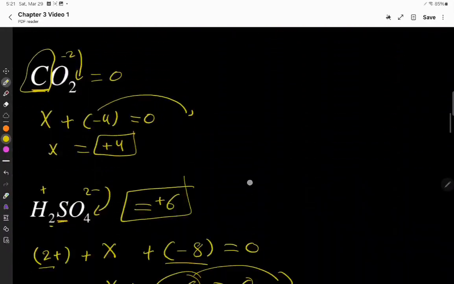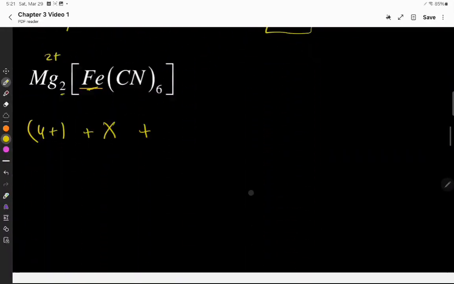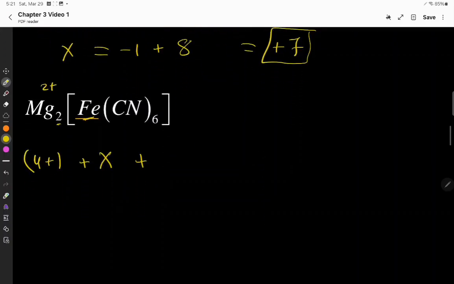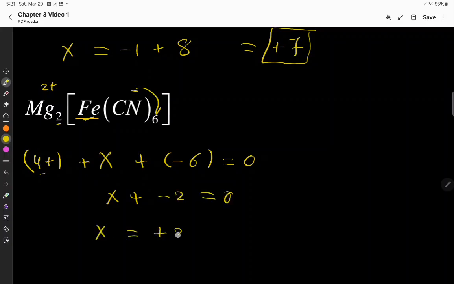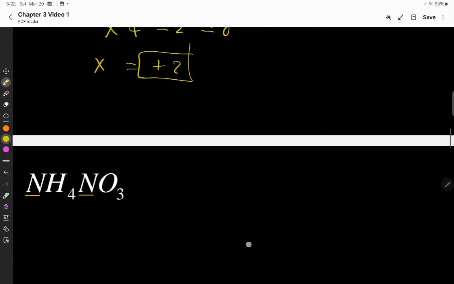So I will not calculate it like carbon alone and nitrogen alone. All of this equals negative 1. Negative 1 times 6, that will be negative 6, equals 0. Now 4 plus negative 6, that will be negative 2, plus X equals 0. X equals positive 2. And this is the answer for iron. The oxidation number of iron in this case will be positive 2.